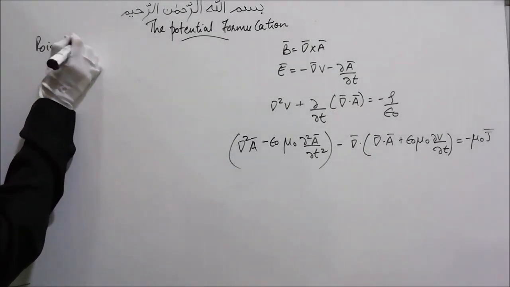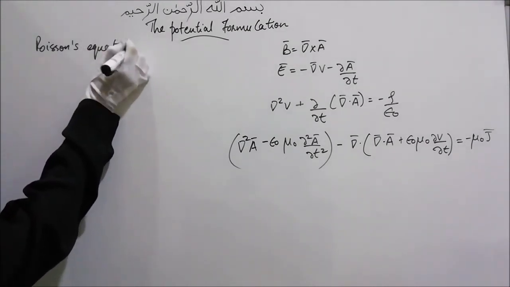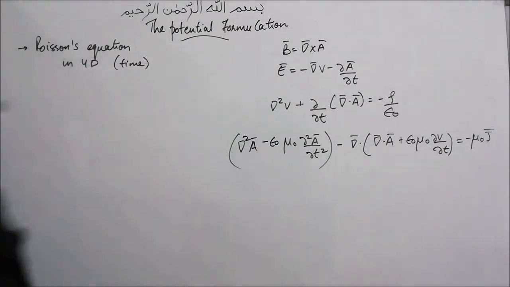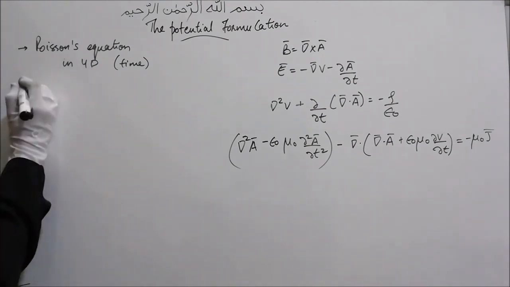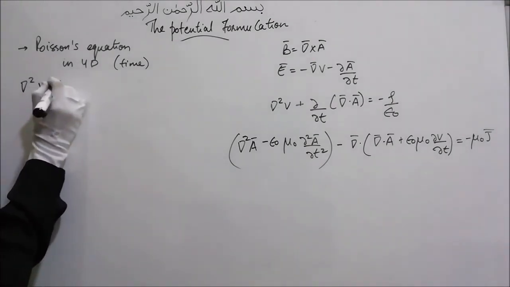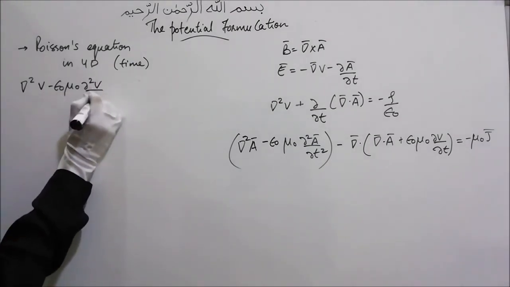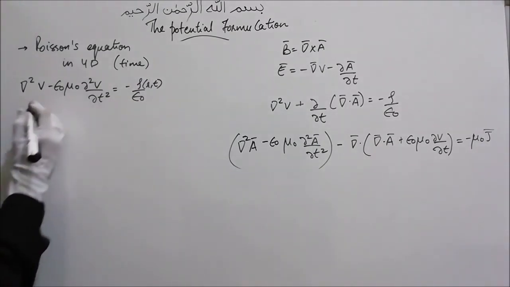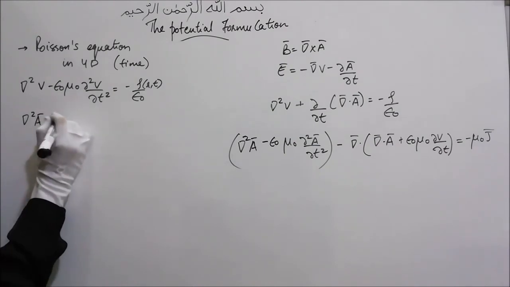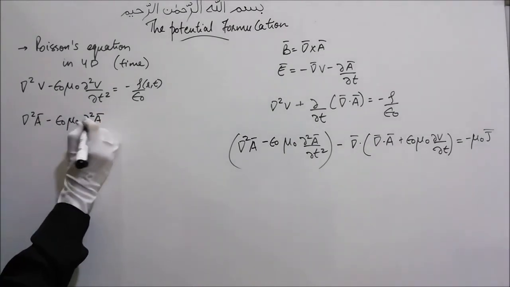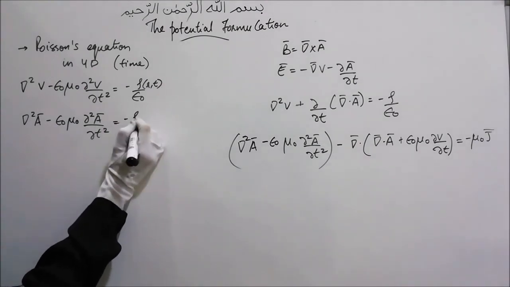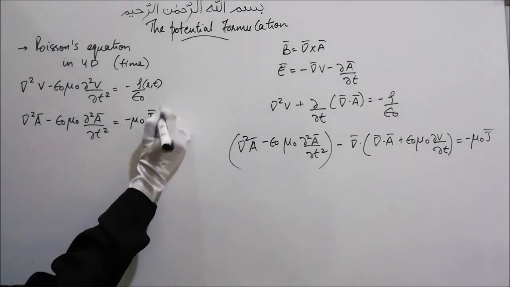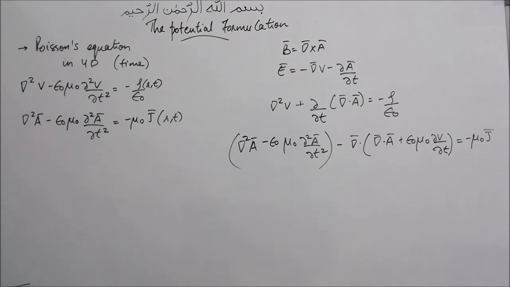That will be del squared V minus epsilon naught mu naught del squared V upon del T square is equal to minus rho upon epsilon naught, where rho is a function of R and T. And you'll have del squared A minus epsilon naught mu naught del squared A by del T square is equal to minus mu naught J bar, where again J bar is a function of R and T.